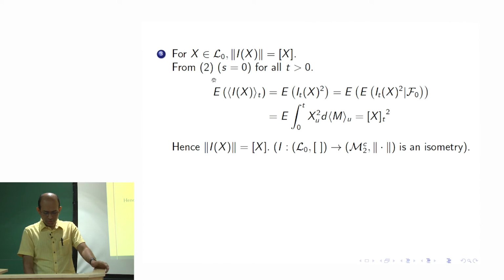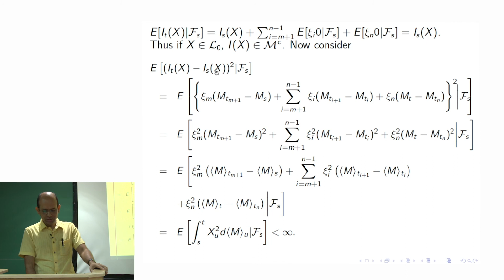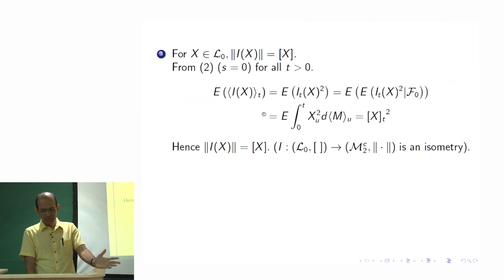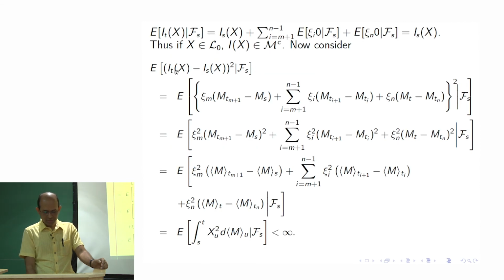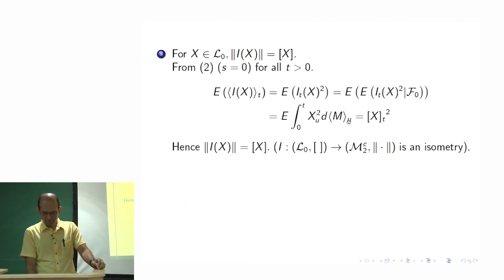So here we start in this manner. Whatever we have obtained here, we put s equal to 0. Then we just have I_t x on the left hand side, the whole square, and on the right hand side just the square norm of x. Here I have written that more lucidly.